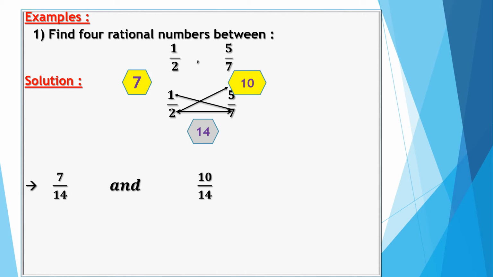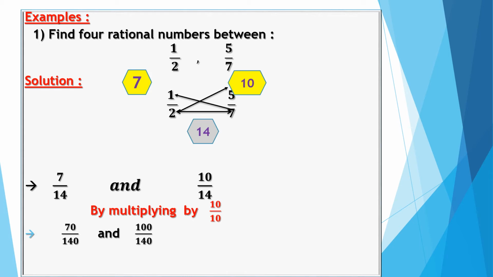We want those numbers to be greater than that. So we multiply the numerator and the denominator up and down by the same number. Let's multiply by 10. Yes, it will be 70 over 140 and 100 over 140.